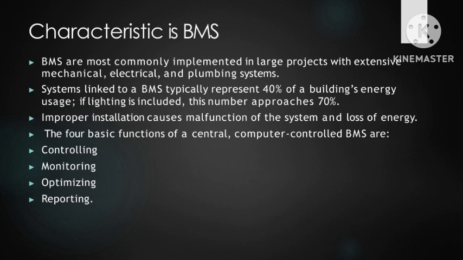However, it's crucial to highlight that improper installation can lead to system malfunction and energy wastage. Lastly, let's discuss the four fundamental functions of a central, computer-controlled BMS: controlling, monitoring, optimizing, reporting. These functions are essential for ensuring the efficient operation and management of building systems.